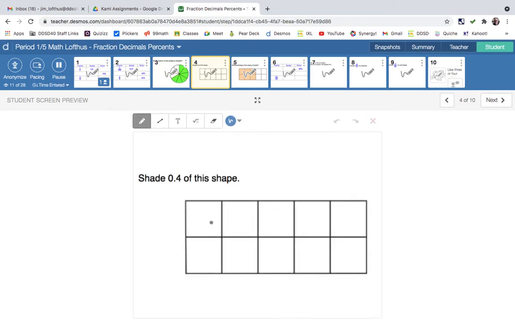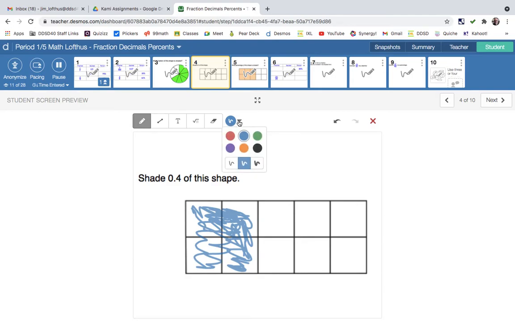We're going to shade in 4/10. So there are 10, so that means that we're going to shade in 4 of those. See if I can make this any bigger. There we go.